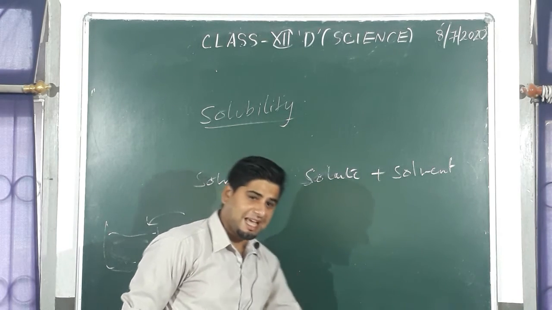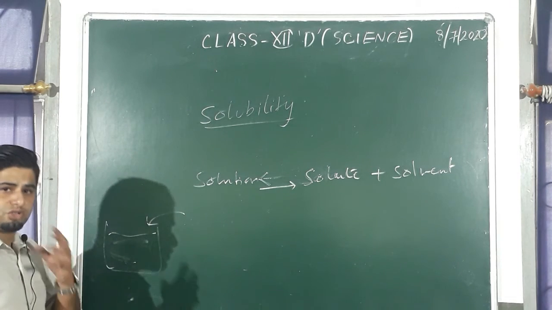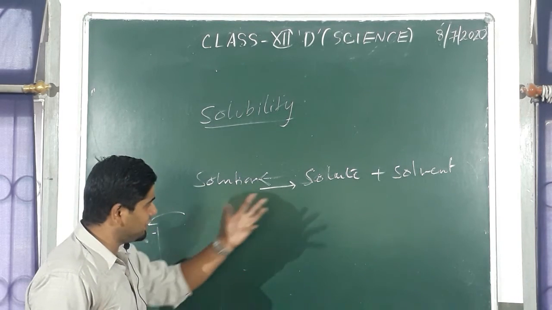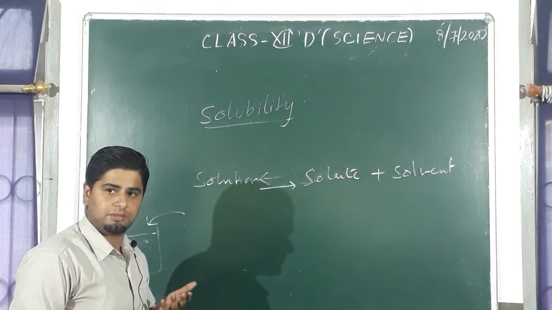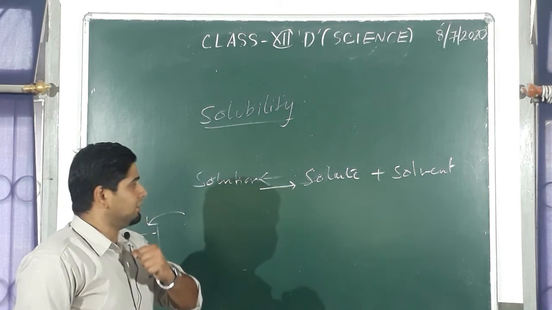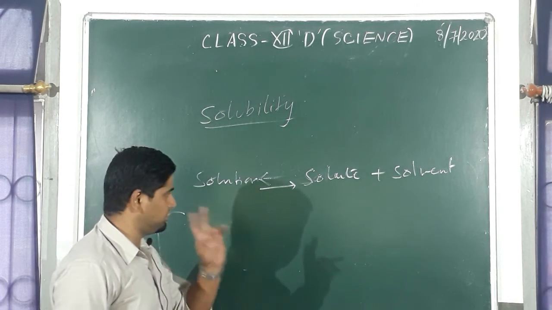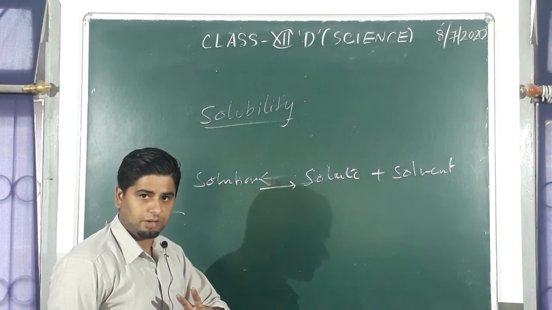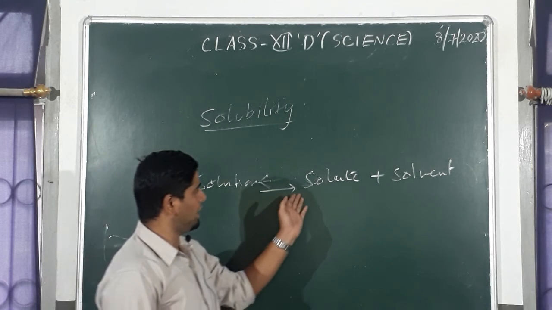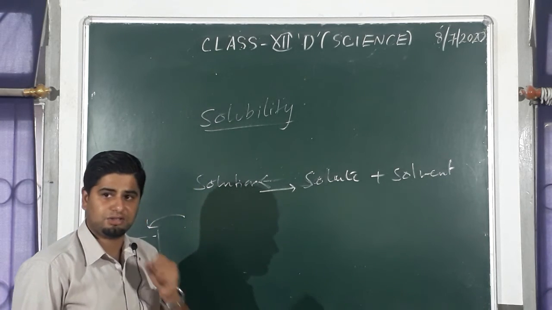At the same time, from the solution, some solute particles tend to come out from the solvent. This process is called crystallization. So there are two terms, dissolution and crystallization. The solute getting dissolved in the solvent is called dissolution, and the solute particle coming out from the solvent as a solid particle is called crystallization.